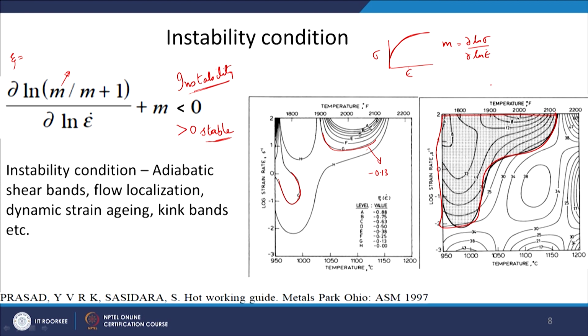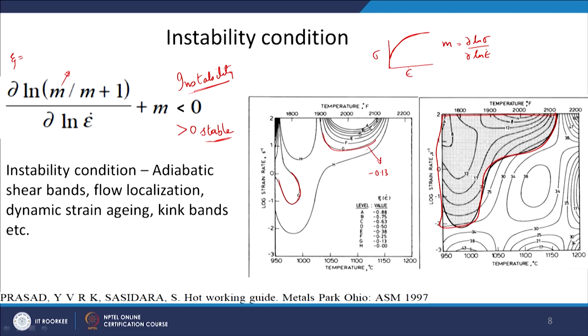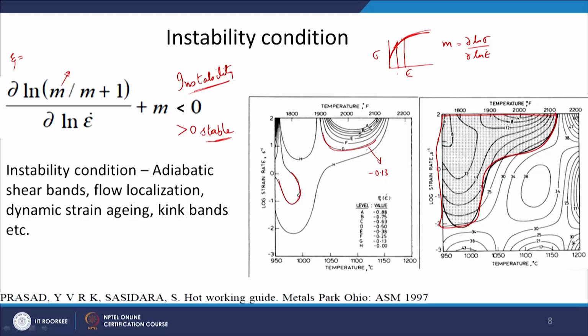But if m does not remain constant during the deformation or at different strain rates, then you can fit a polynomial equation to this curve and differentiate it. That will give you m at different locations. Wherever you want, you can put the epsilon dot of that value, so at different epsilon dot you will get the slope, if the slope is changing.